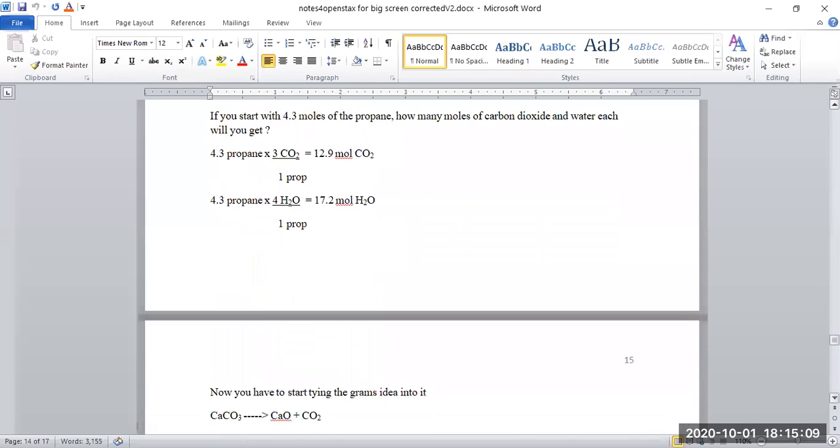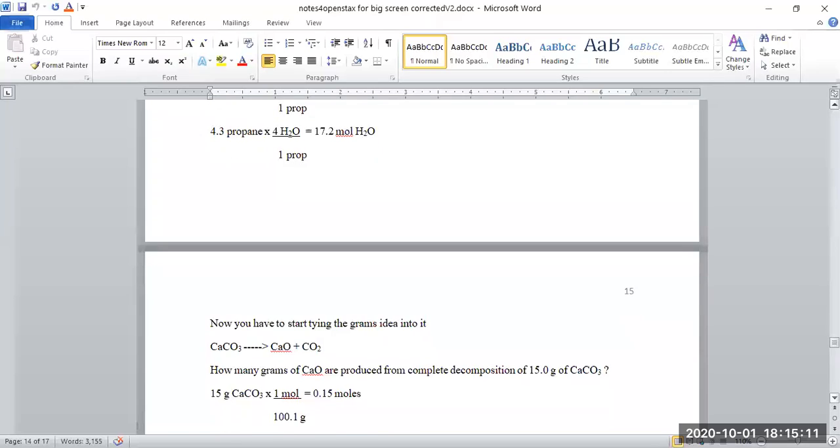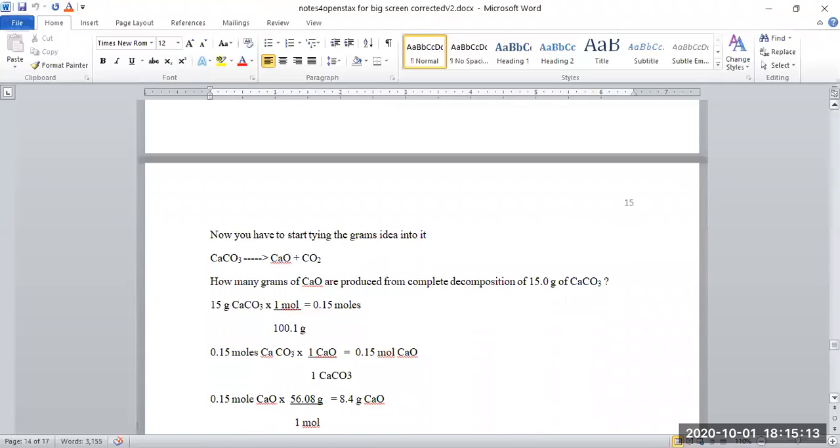Now we need to back up a little bit. Now we need to tie the grams into it. Like I said, grams is probably the most often used, and it's actually what we are going to use when we do the limiting reactant lab that is upcoming.